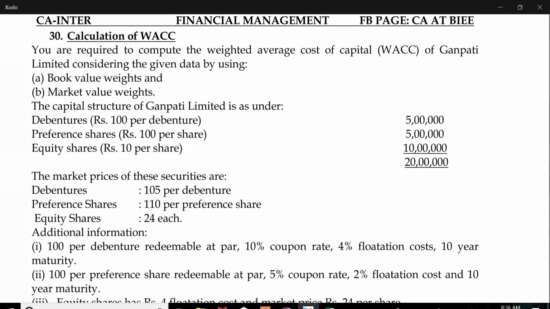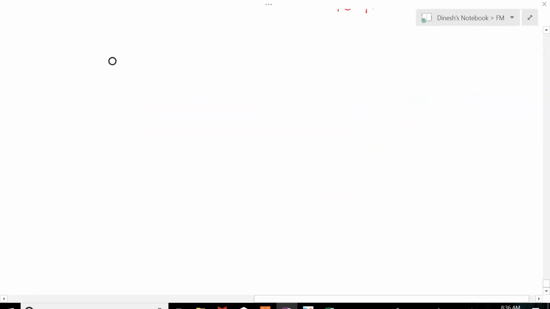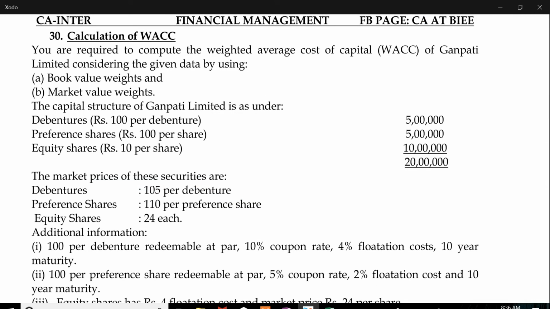What is the first form of capital given in the question? Which one? Debenture. Now listen for some time.